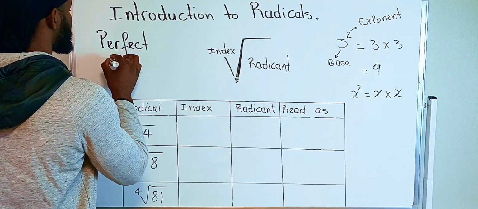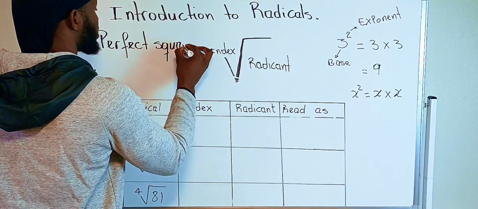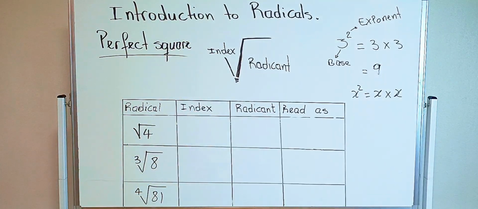This is how we call them, perfect square. A perfect square is a number or variable that is the product of two identical rational numbers.